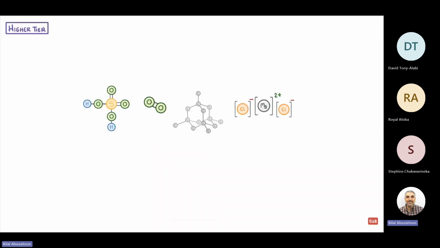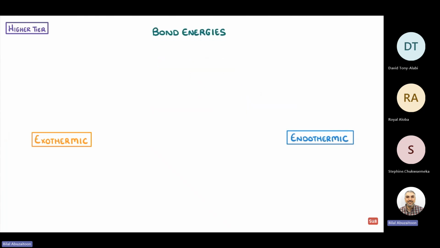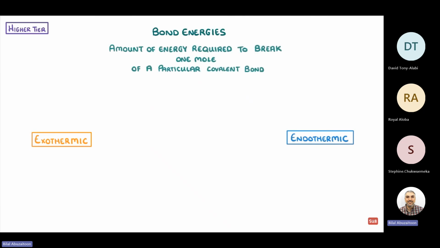In today's video, we're going to take a look at bond energies and see how we can use them to determine whether a reaction will be exothermic or endothermic. When we say bond energy, what we're actually referring to is the amount of energy needed to break 1 mole of a particular covalent bond.